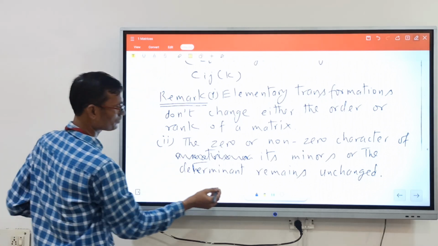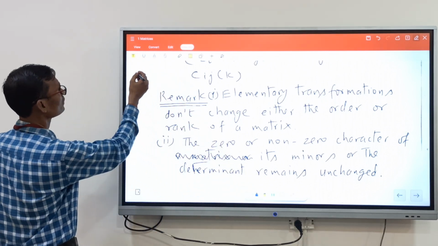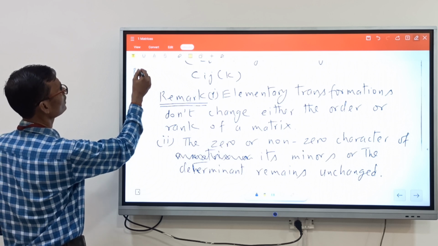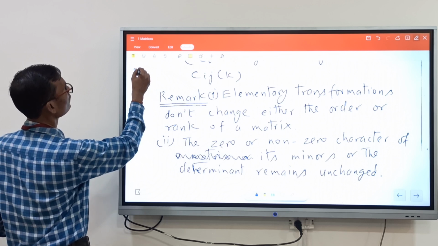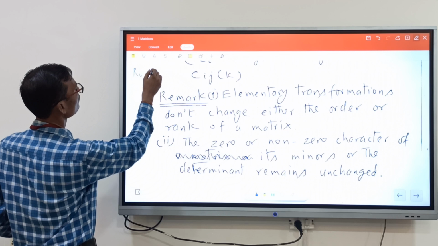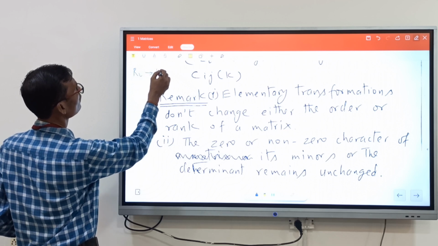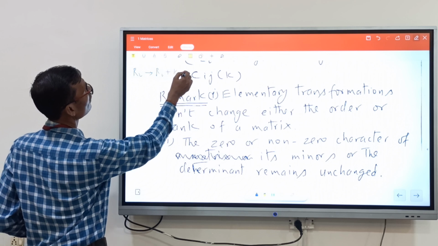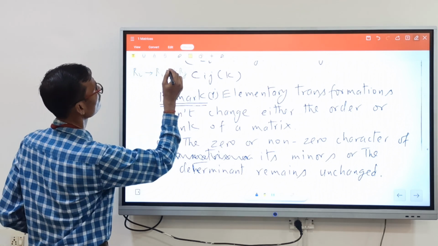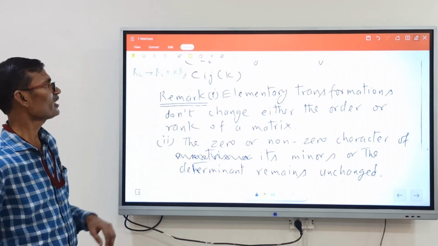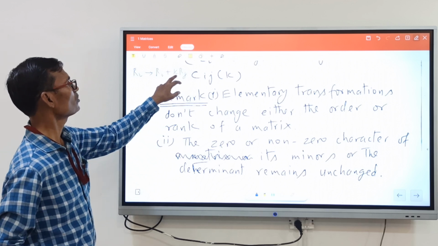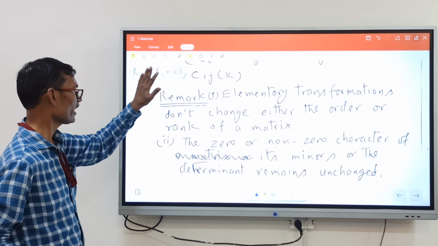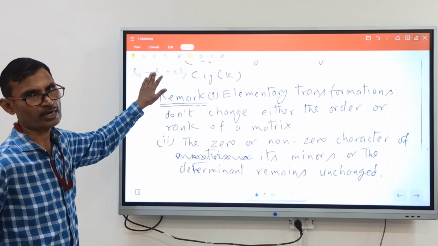Suppose we have the ith row. It means that we are multiplying the jth row by a non-zero scalar quantity k, and then we are adding it to another row, the ith row.